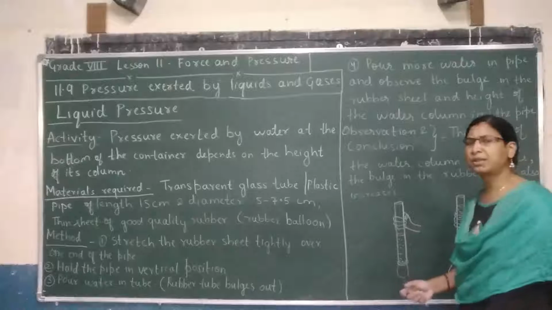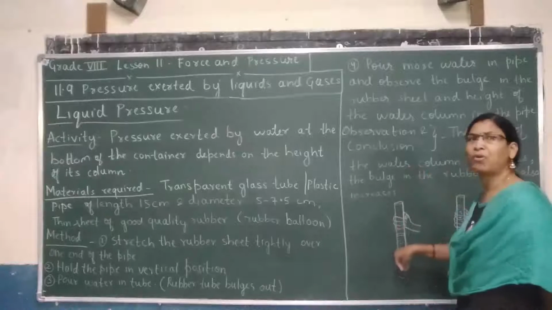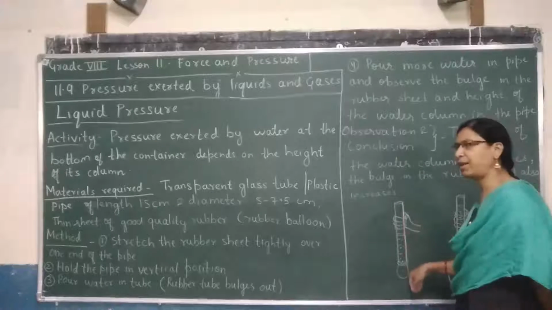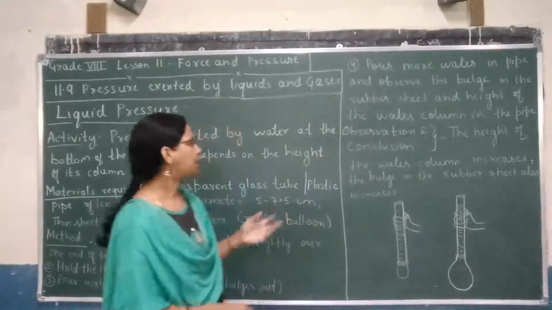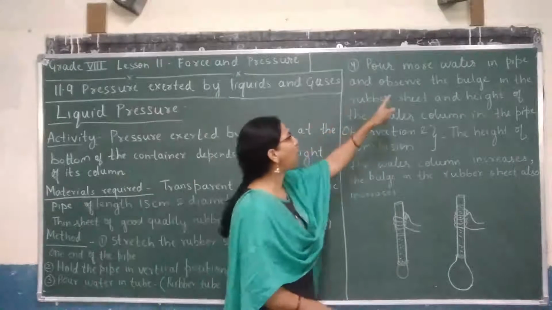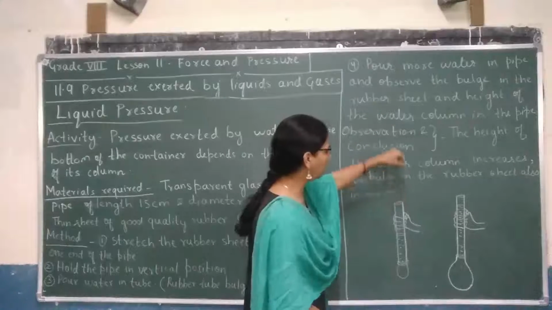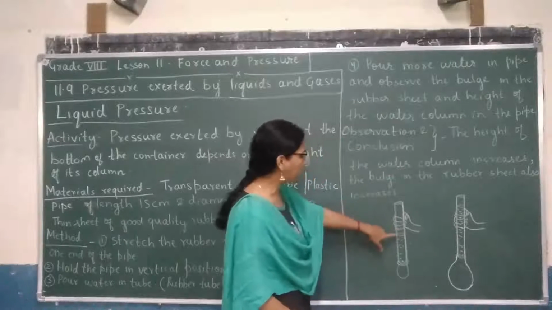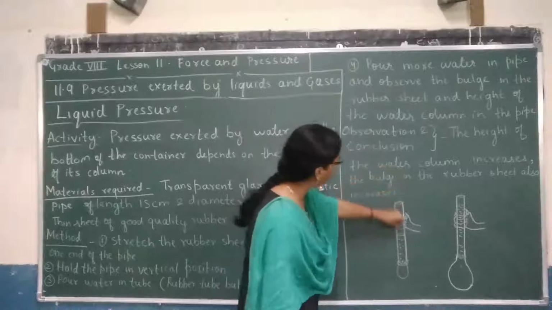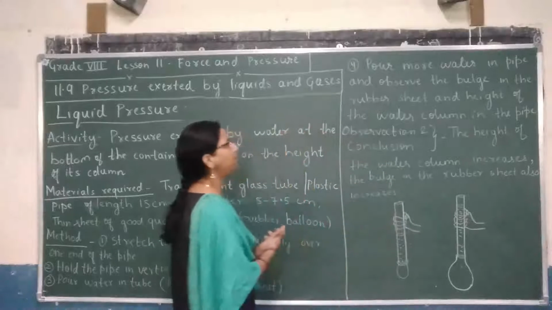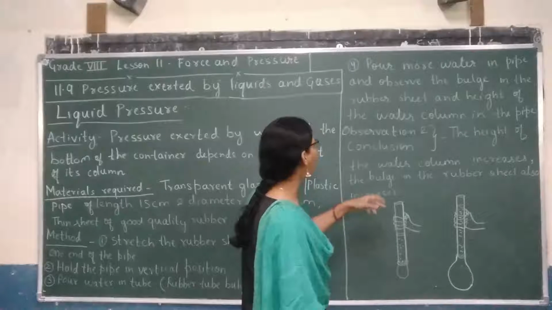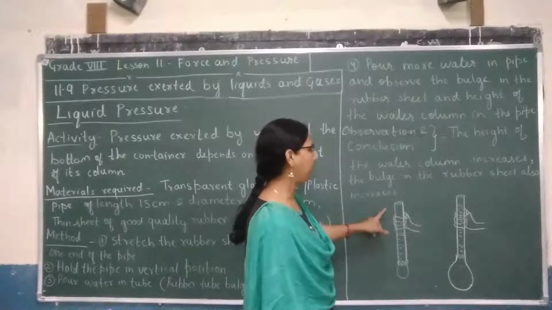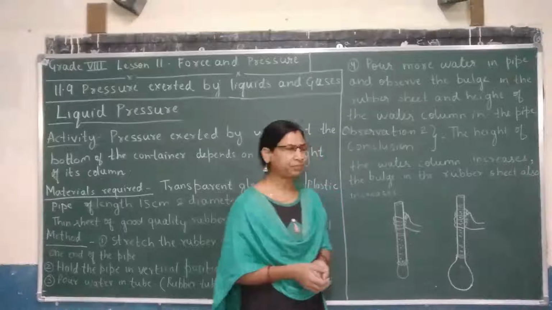Why does it happen, children? This is due to water pressure or liquid pressure. Now let us see what happens next. If we pour more water in the pipe, earlier it was up to here only. Now if we pour more water and observe the bulge in the rubber sheet and the height of the water column in the pipe, what do we observe?